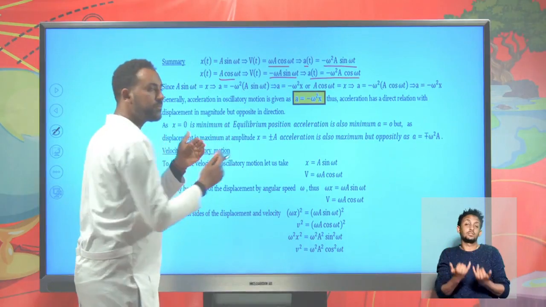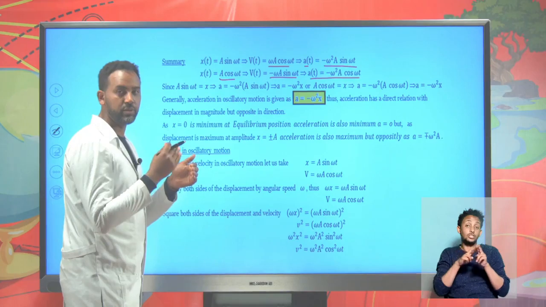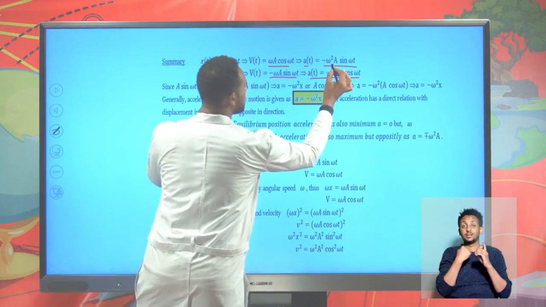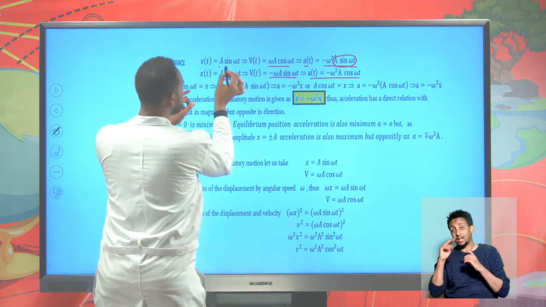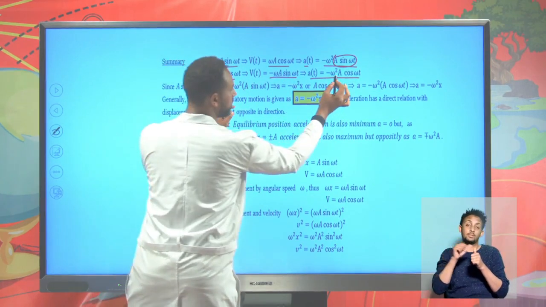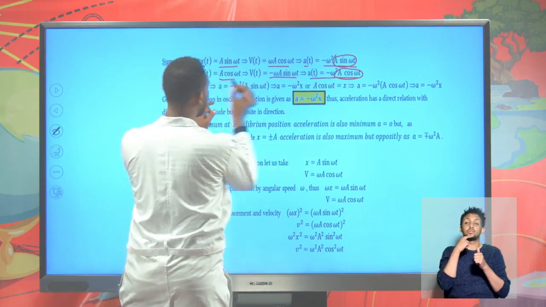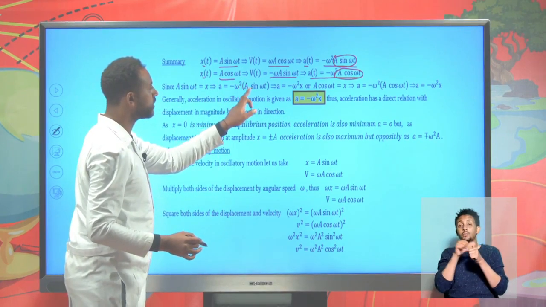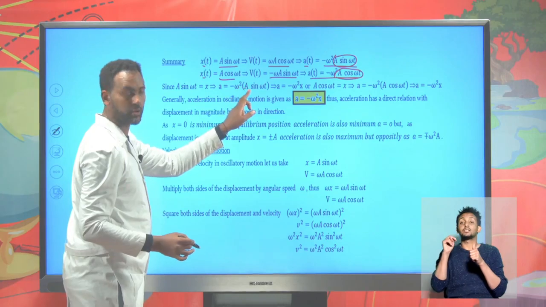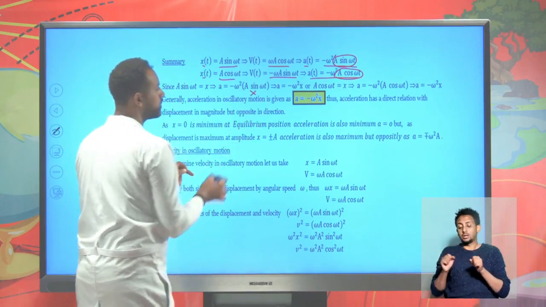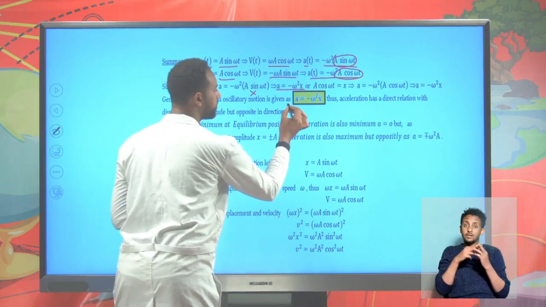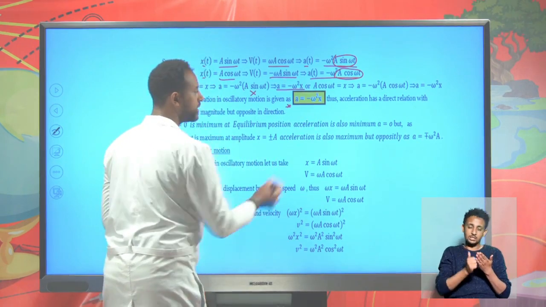Now, you can find a good relation between acceleration and displacement, because a sine omega t is displacement. For this as well, a cos omega t means x. Therefore, in the negative of omega squared, instead of a sine omega t or a cos omega t, you can substitute x. So here you have a relation between acceleration and displacement.